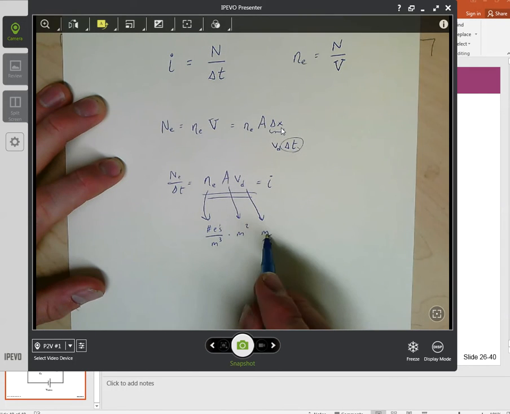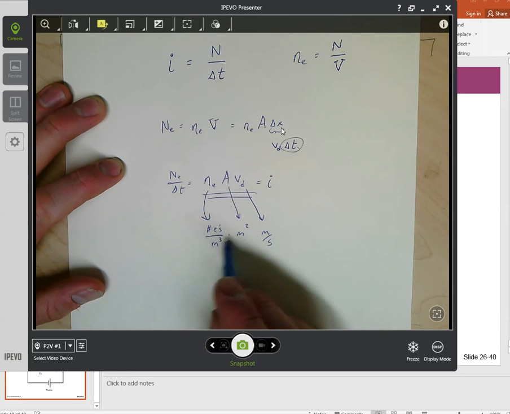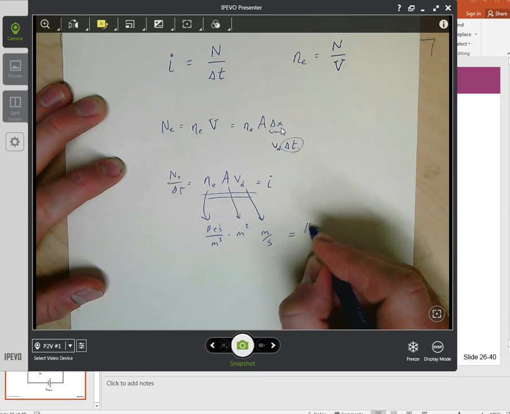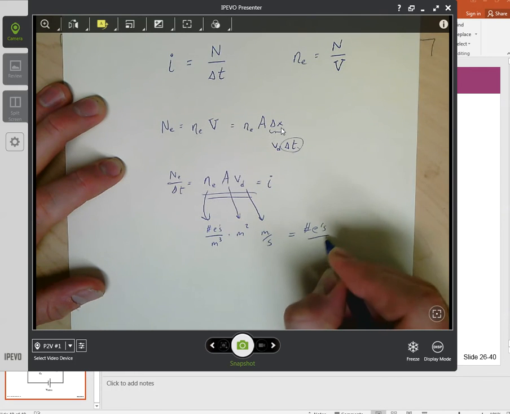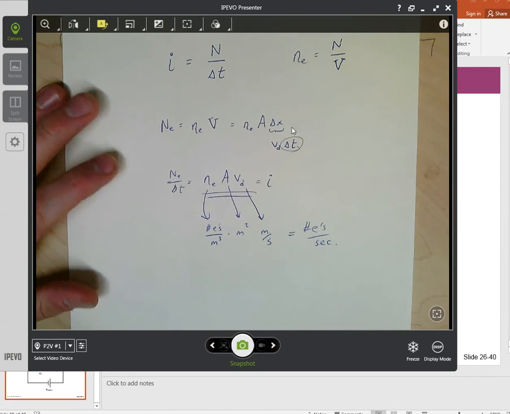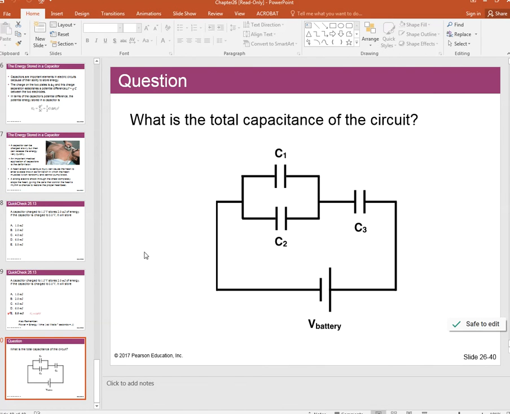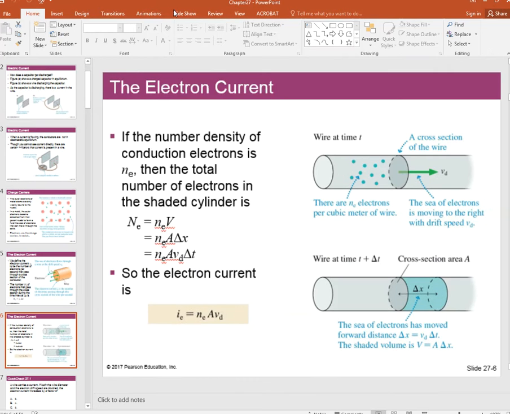So you can see that you have meters cubed on the top and meters cubed on the bottom, and you're really left with the units of number of electrons per second. That's really what a current is all about. So this is the electron current, the number of electrons per second that are moving through. So let's carry on.